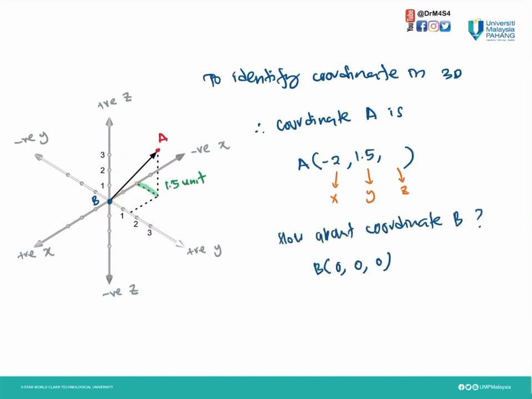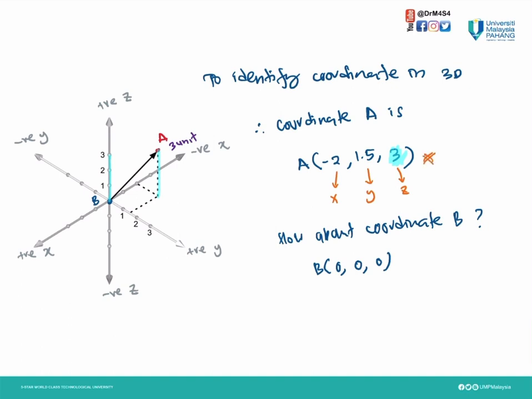Now let's have a look at y. Here is 1.5, moving on the positive side, so that is positive 1.5. Next, let's have a look at z. On z it is going up 3 units, therefore it is positive 3. So we get our coordinate for A.